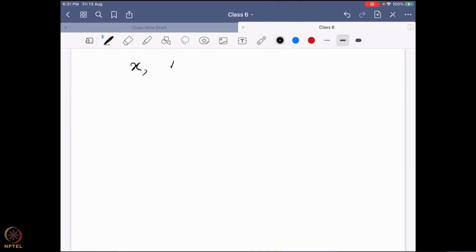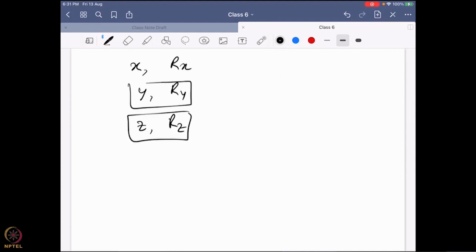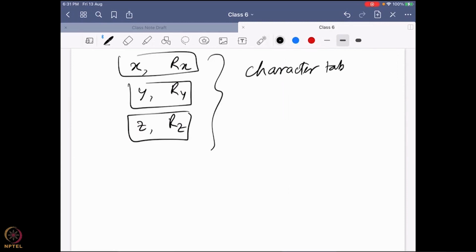So X, Rx, Y, Ry, Z, Rz: are they combined or not in a character table in the same symmetric representation? So that means it is totally possible.